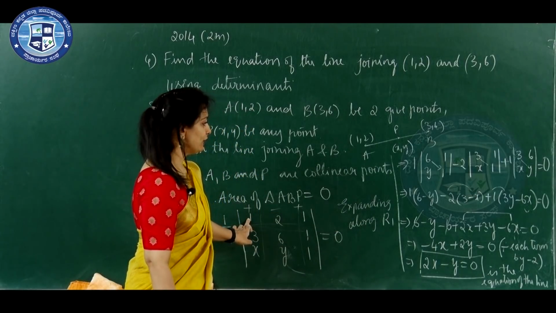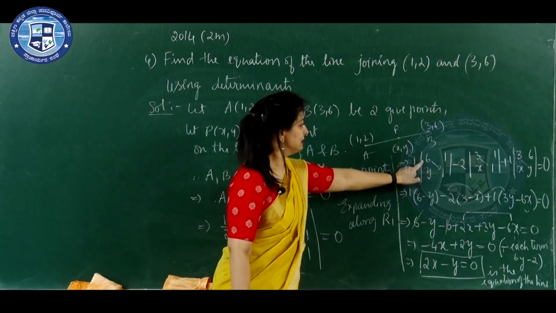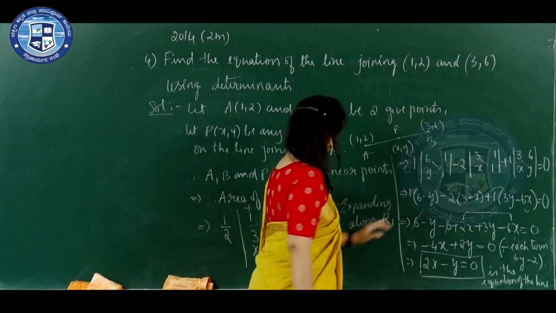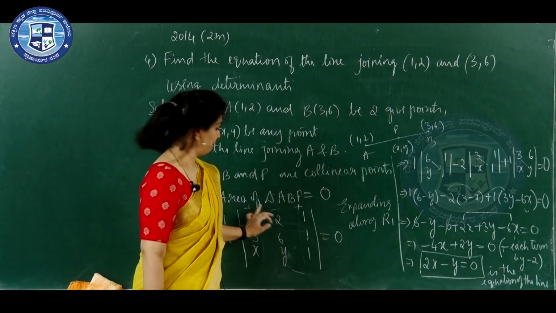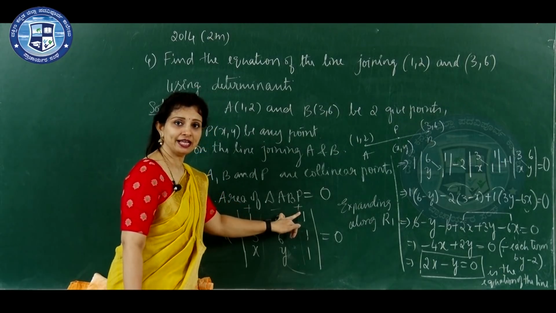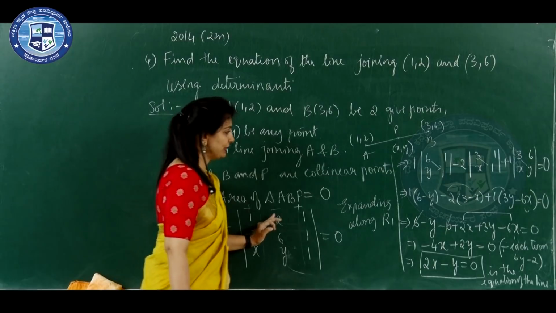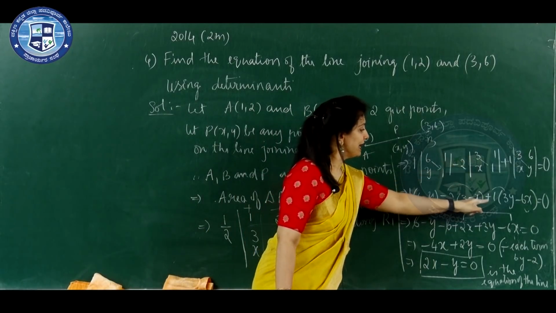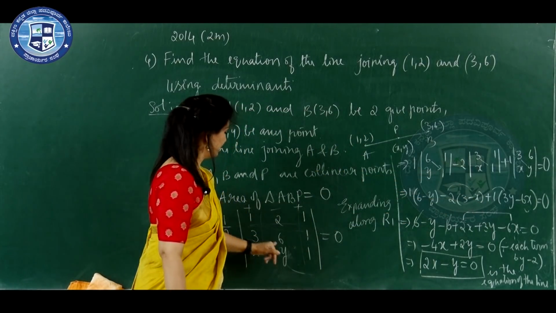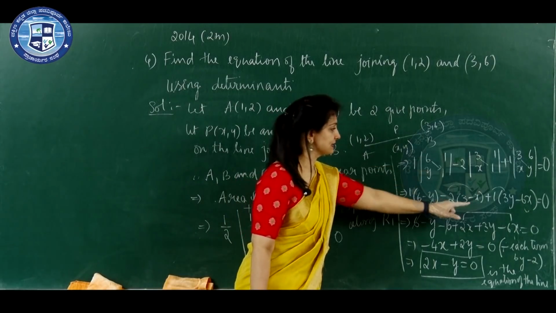Expanding along the first row, it is 1 into (6 minus y), minus the second element 2 into (3 minus x), plus 1 into (3y minus 6x). Since you are expanding along the first row, the signs alternate plus, minus, plus.